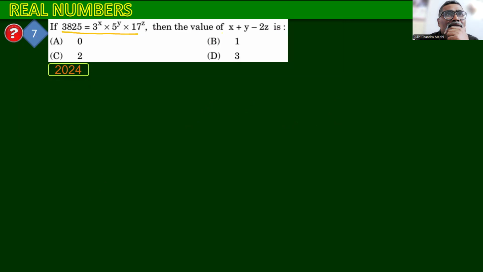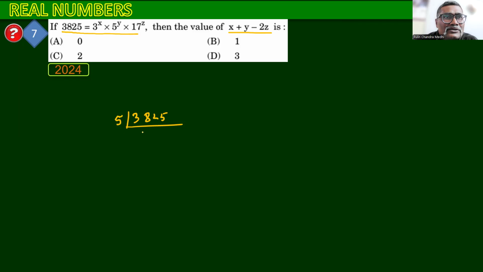If you have this, what is the value of that? So for this, you definitely have to know what is x, y, and z. So you are indirectly told to do the factorization. So you start doing this, right? So is this divisible by 3? Let us start. Or see, the fundamental theorem of arithmetic has given you freedom. You can start with any prime factors. There is no problem. So why waste time checking whether it is divisible by 3 or not? 5, it is divisible, I can see.